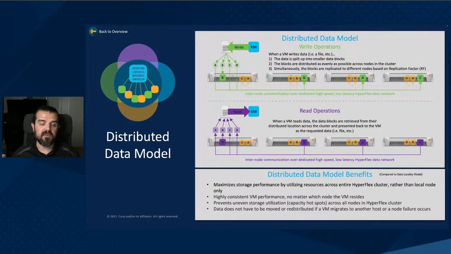So with the distributed data model, we are not restricted to a single host. We are using all hosts' capabilities, performance, and resources to give the VM better write I/O and better read I/O.